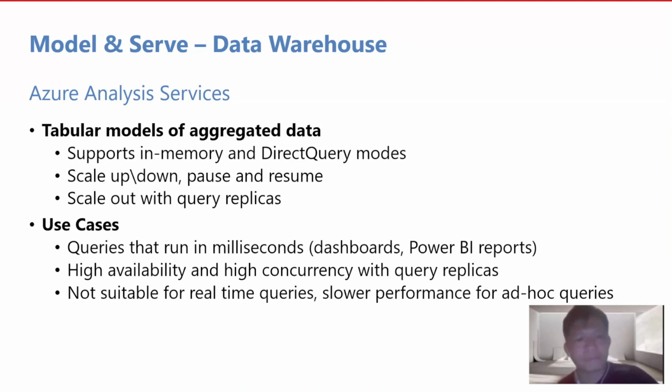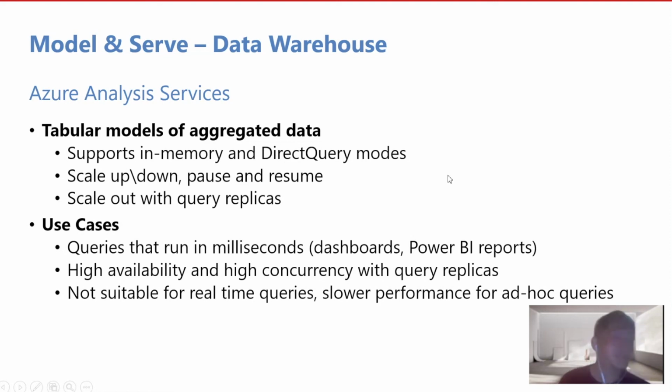The thing is that this is probably not suitable for ad hoc kind of queries, because you need to build that tabular model already, right? Something like your star schema in Analysis Services, so it has to be pre-aggregated in advance, and that's how you can get that kind of extremely fast response time, right?